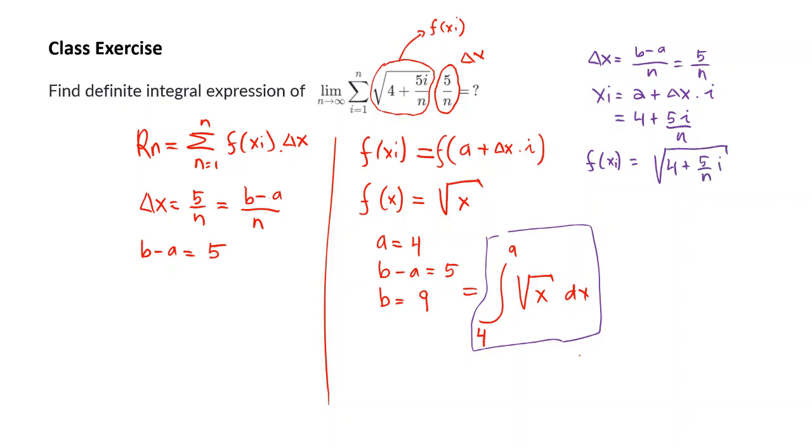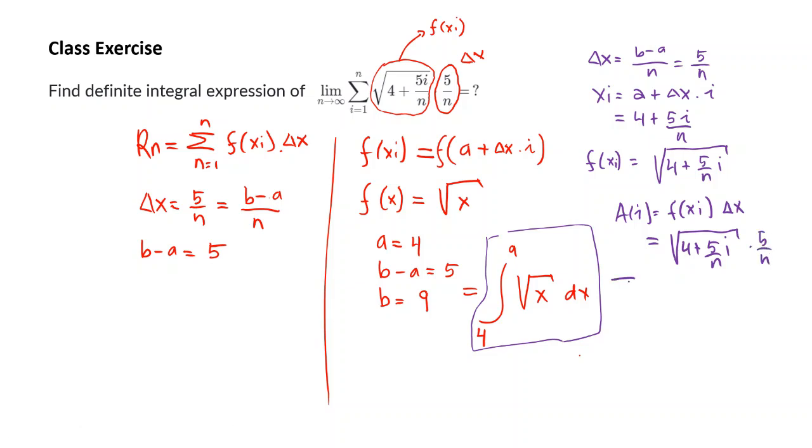So we have ai equal to f xi delta x, which is the square root of 4 plus 5 over n times i, times 5 over n. So the Riemann sum for this is the sum from i equal to 1 to n of the square root of 4 plus 5 over n i, times 5 over n.